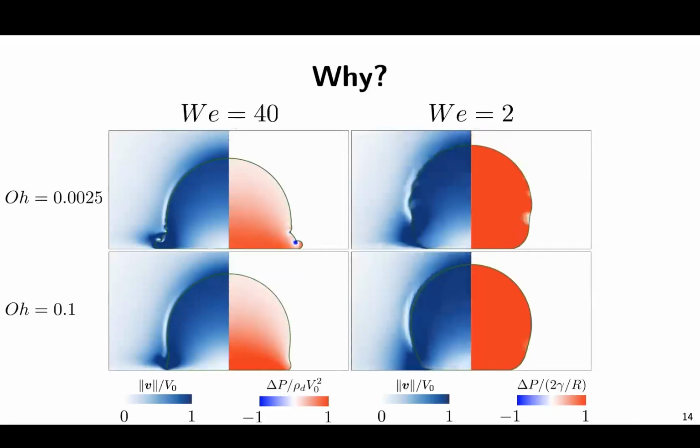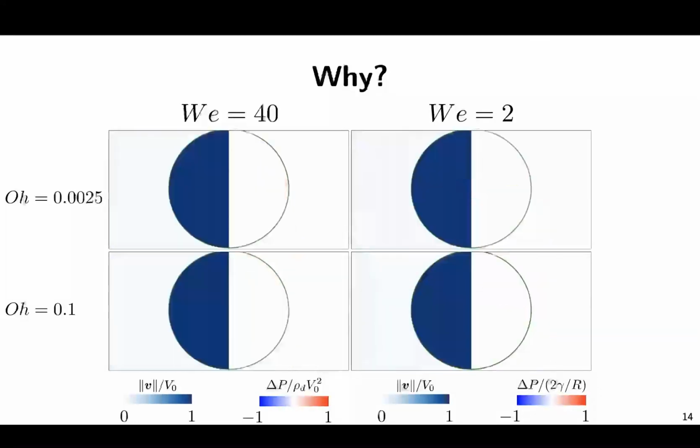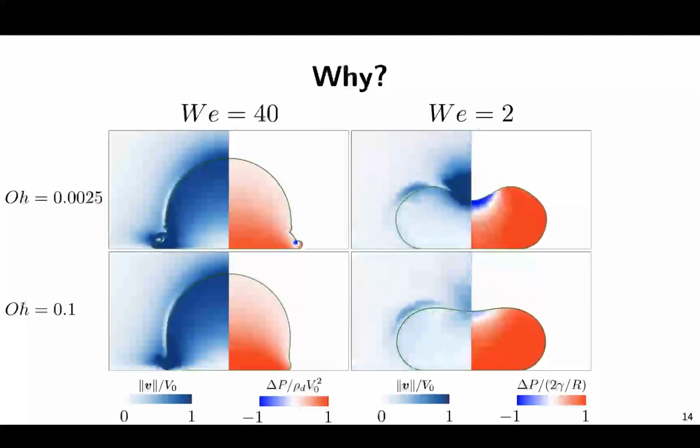For a low Weber number impact, the pressure inside the droplet barely changes from its capillary pressure value. Both of these scenarios are essentially independent of the Ohnesorge number, even though the difference in Ohnesorge number is a factor of 40 here, and these values are almost the same. Hence, in the limit of low Ohnesorge numbers, the first impact peak is independent of the Ohnesorge number.